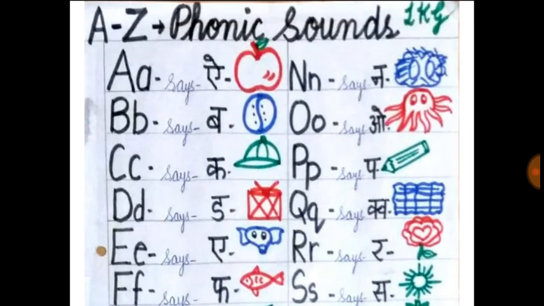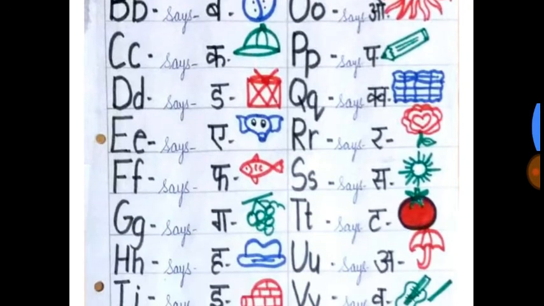N says n, nest. O says o, octopus. P says p, pencil. Q says q, quilt.